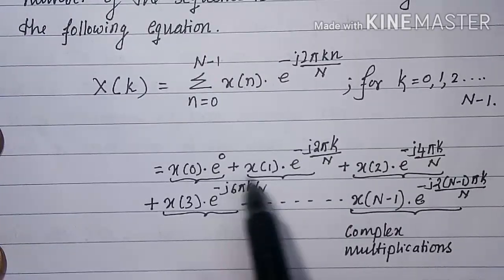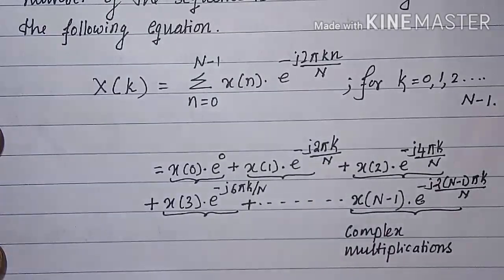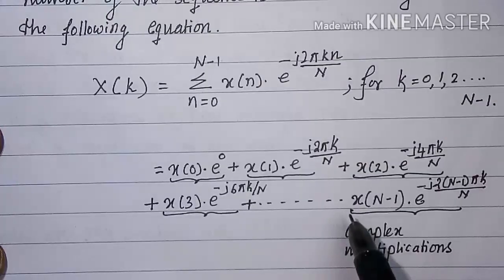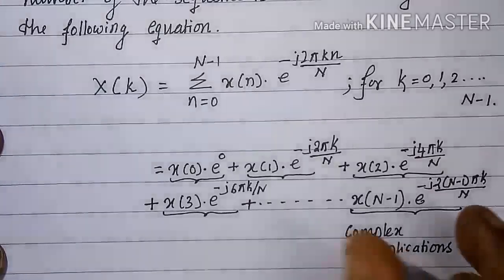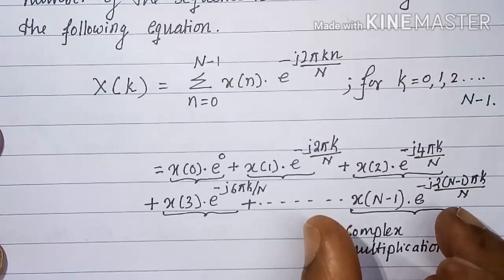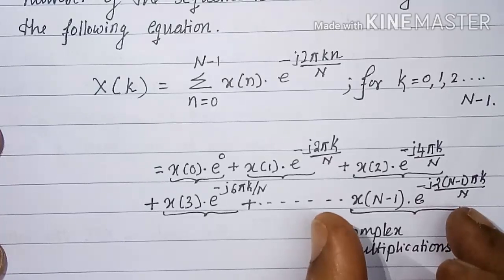And if we count the number of plus signs here, they will be equal to N minus 1 in number, because we are adding N complex products.